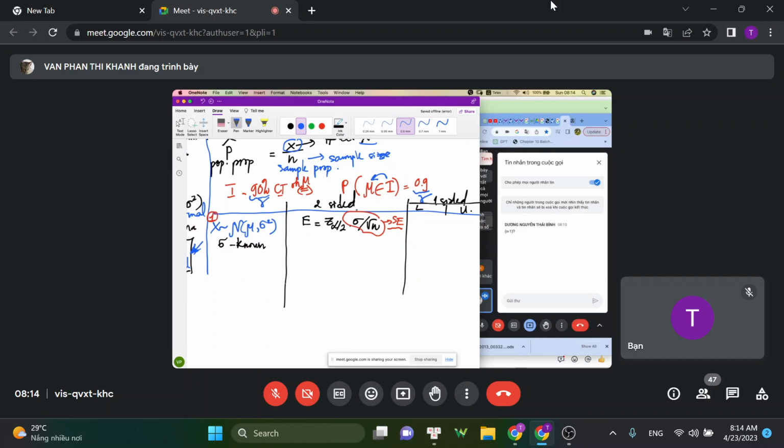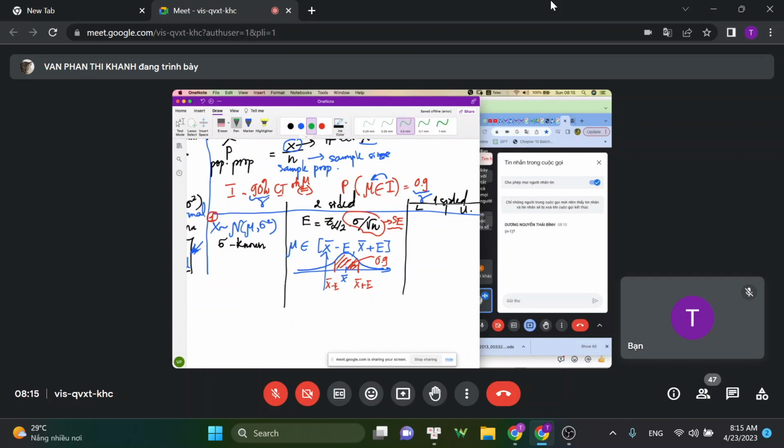So the confidence interval here, mu belongs to the interval x bar minus E to x bar plus E, right? So you can understand it like x bar is here, and it follows a normal distribution, and this is our interval. This is x bar minus E, and this is x bar plus E. So the probability that mu belongs to my interval will be 90% or 95%. Okay.